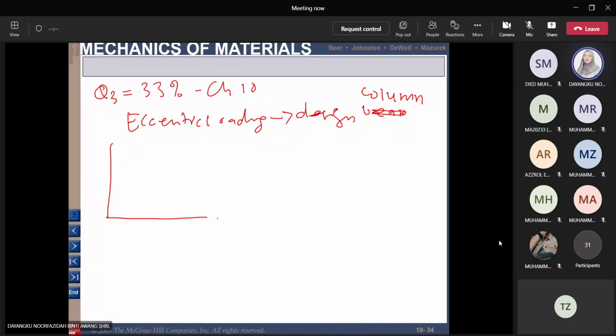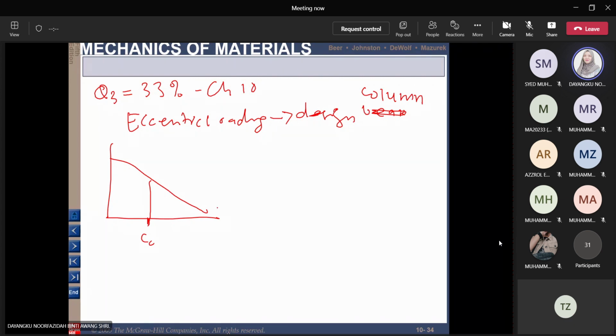You are given a material and then you need to calculate the value of your CC. Your CC is given here, and then you need to check whether you will have the AB or not. You need to get the value here.